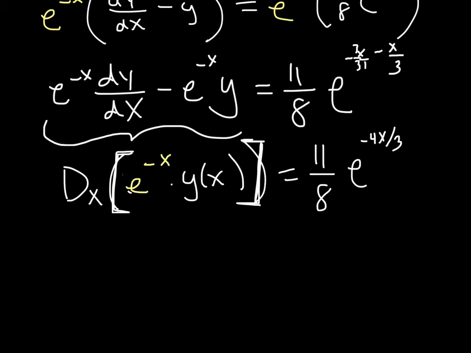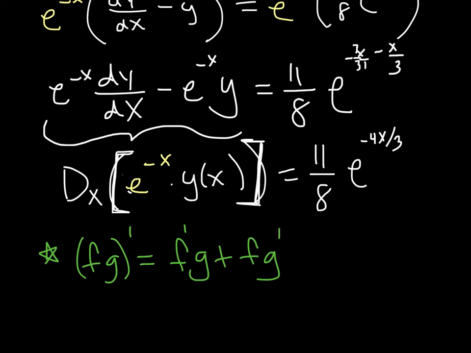But remember, we had two functions in single variable calculus, and you took the derivative. You get f prime g plus f g prime: the derivative of the first times the second plus the first times the derivative of the second. So this is what we have here.